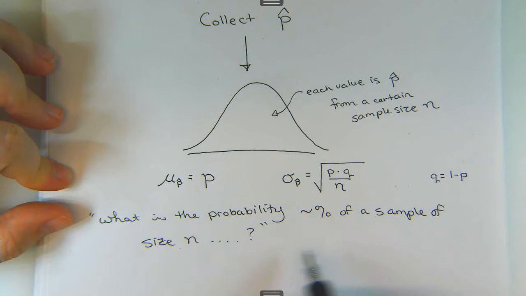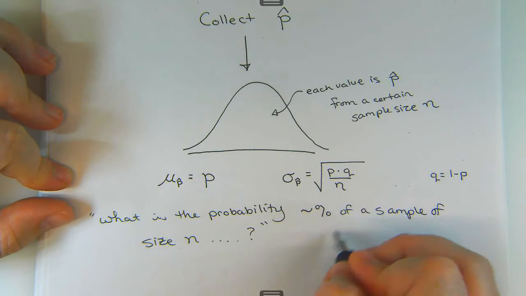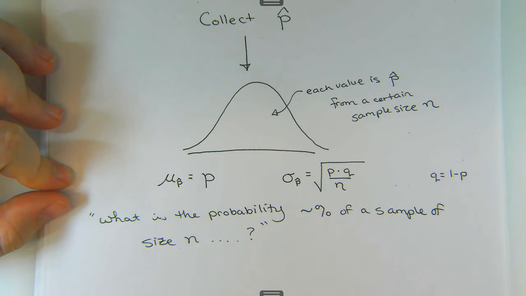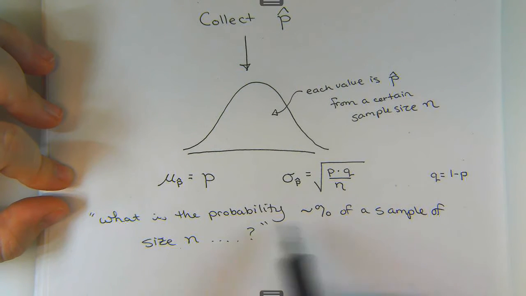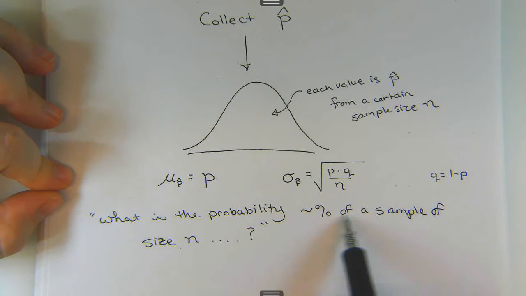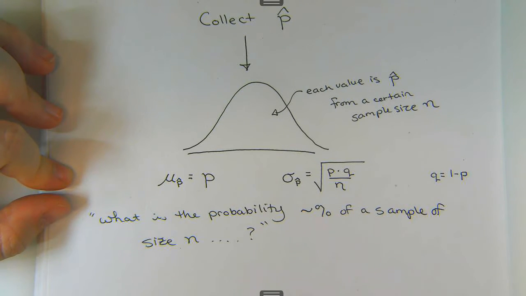It's looking for the probability of seeing some percentage, more than that percentage or less than that percentage. It's the idea of this percent of a certain sample size that's going to create our distribution of proportions.